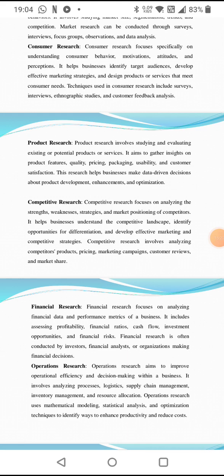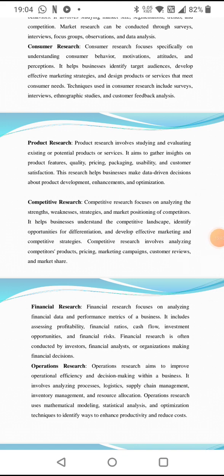So it helps businesses understand the competitive landscape, identify opportunities for differentiation, and develop effective marketing and competitive strategies. So competitive research involves analyzing competitors' products, pricing, marketing campaigns, customer reviews, and even market share for that matter.